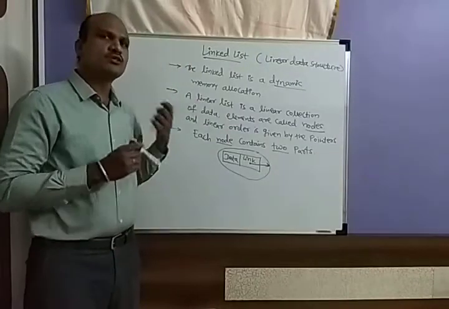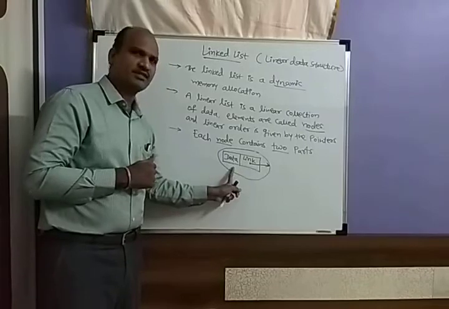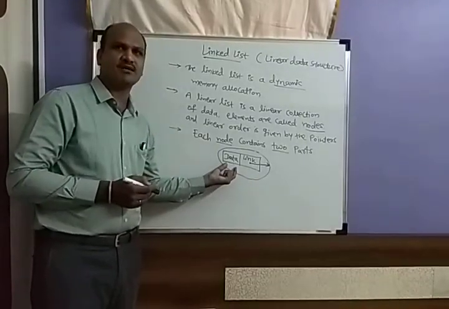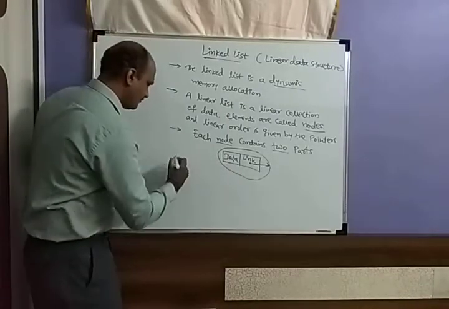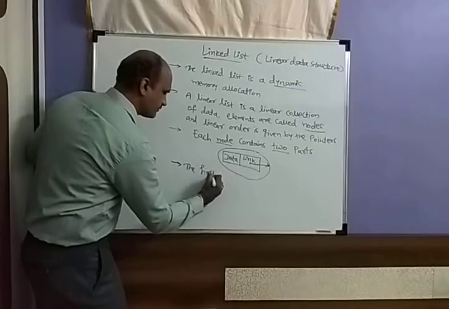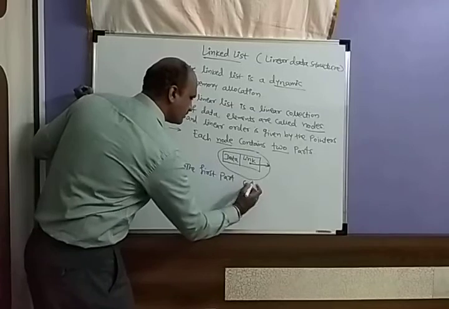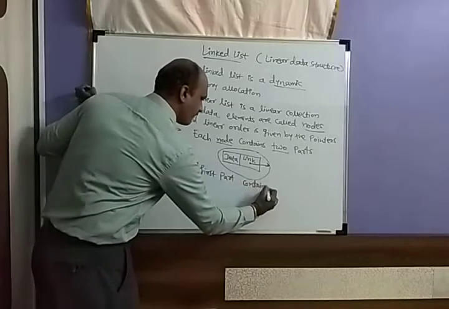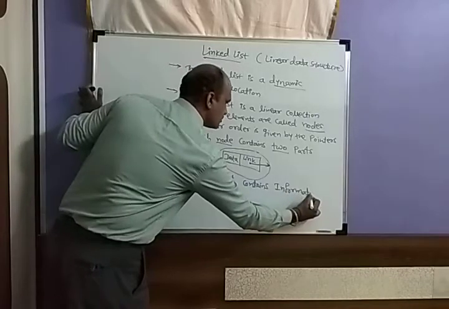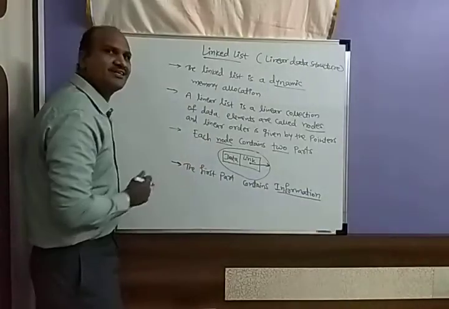There are two parts, one part is data and another part is link. The first part contains the data, which means the information. Information means the elements you are given, that is called the data.